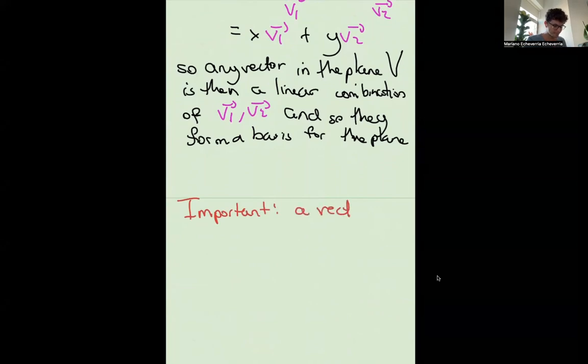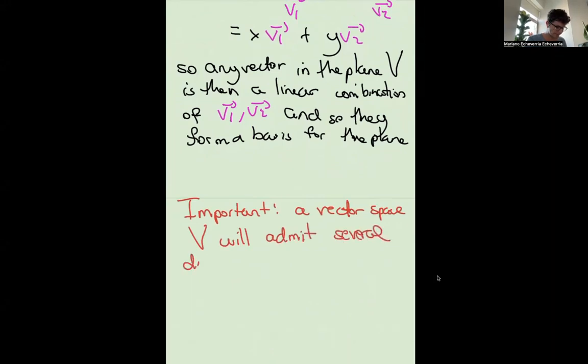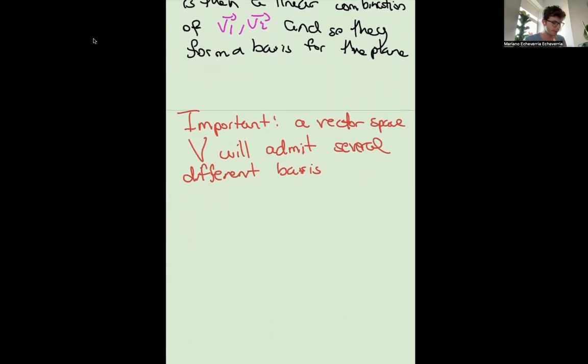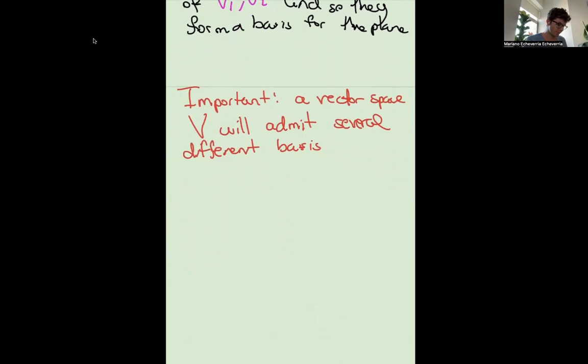A vector space will admit several different bases. So let's find another basis, for example, for the plane we were working with. Let's go back to our plane example. So, back to the plane.